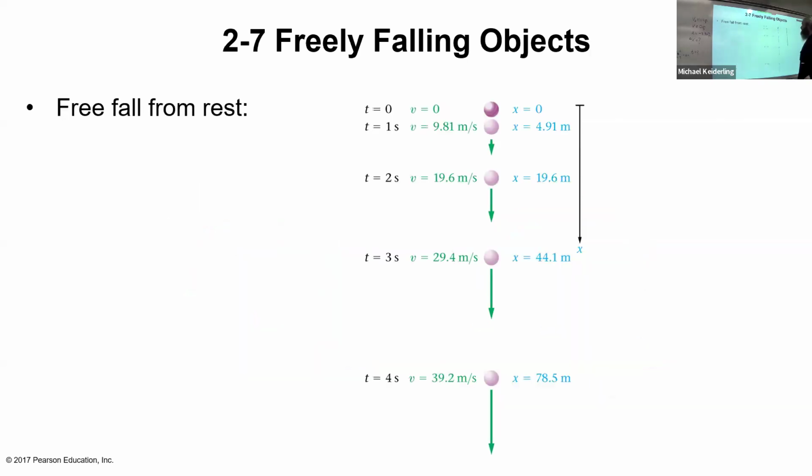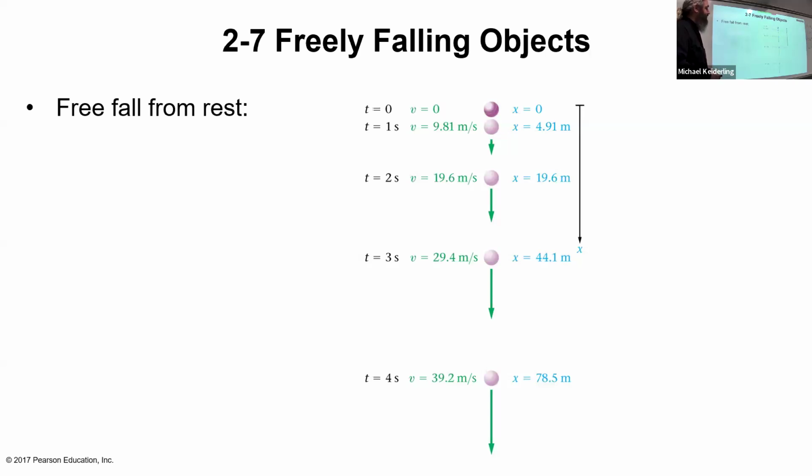So, free fall from rest. Every second, your speed downwards is going to increase by 9.81 meters per second. After 1 second, you're going 9.81 meters per second. After 2 seconds, 19.6 meters per second. After 3 seconds, 29.4 meters per second.